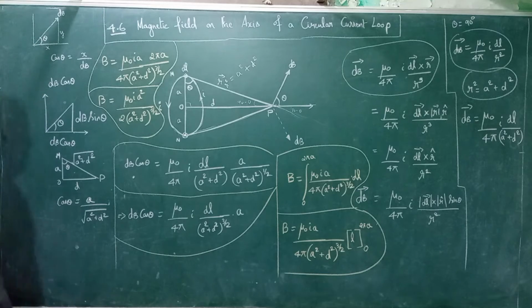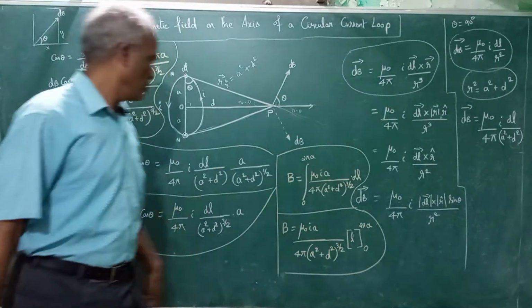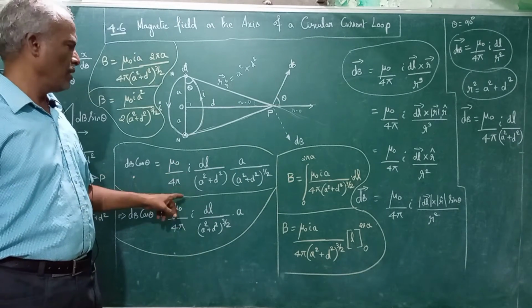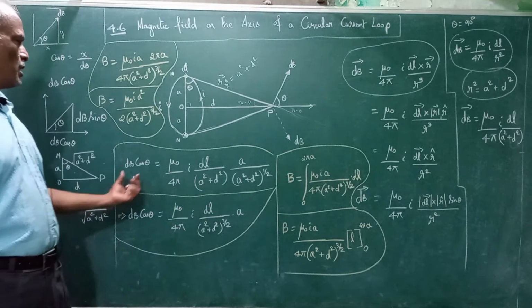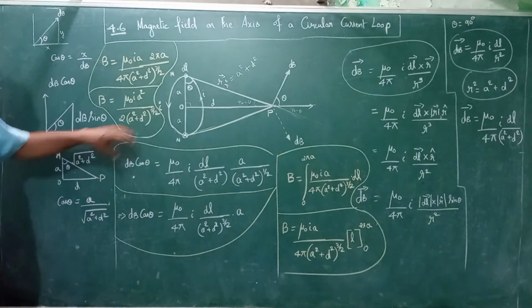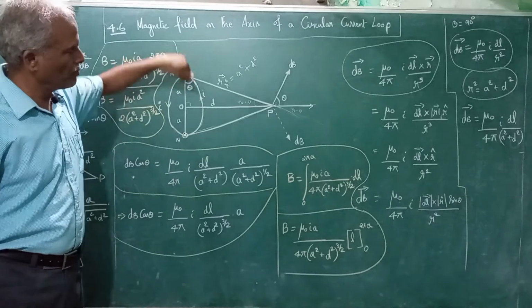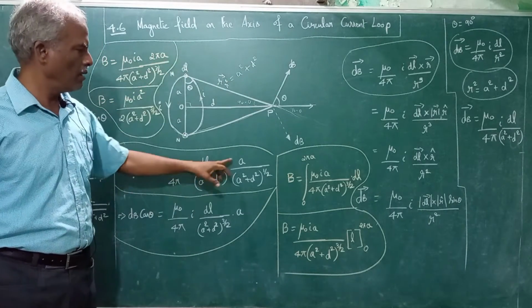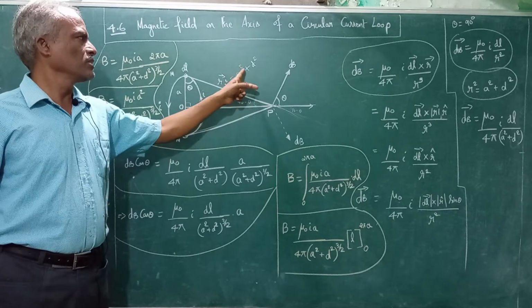Now we have dB is equal to, from that equation, mu naught I by 4 pi dl by a square plus d square. Now the horizontal component is multiplied with cos theta. So from this triangle, cos theta is the adjacent side by hypotenuse. Adjacent side is a and hypotenuse r is given by r square is equal to a square plus d square.